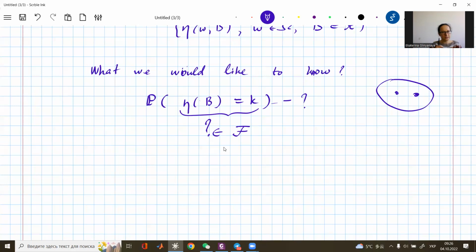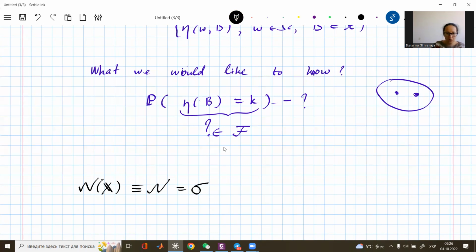Taking this in mind, let us define the sigma algebra on the space of measures. I will denote it by N, defined on the space X. So this is a sigma algebra.